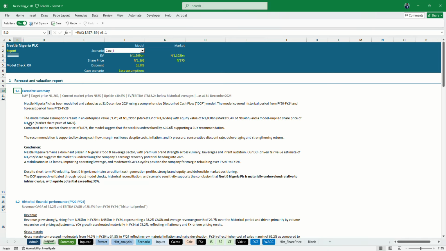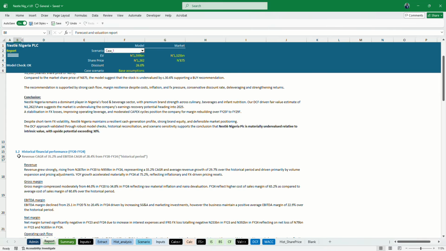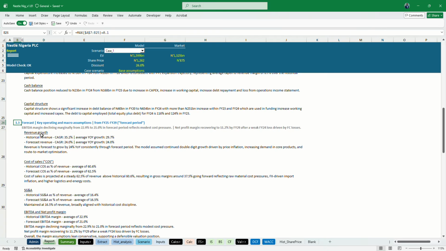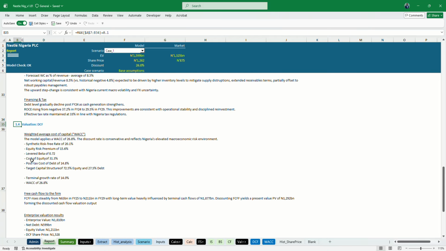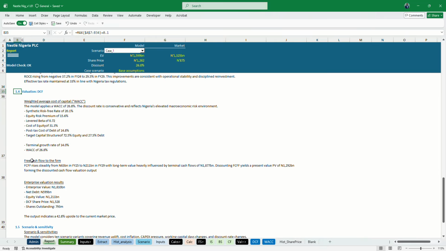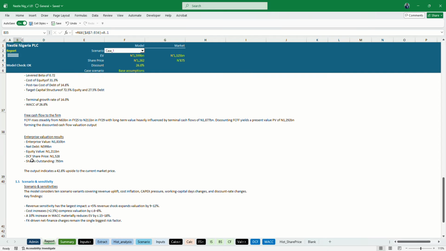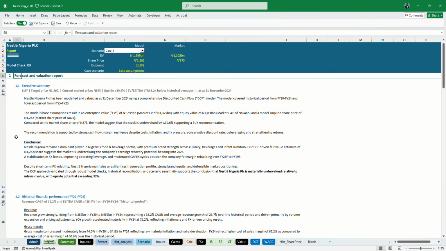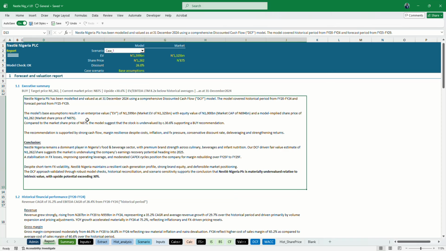So we have the executive summary, the historical report, performance analysis, the forecasts, key operating and macro assumptions that have been used in the model, and then a brief explanation of the valuation DCF and also the scenario approach that we've included. So with this, someone can decide to just sit down and read through only the report, and ask any question they want without having to go through each of the model. So this is a sample report.